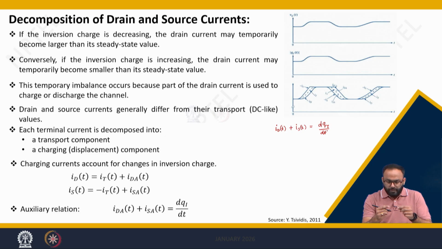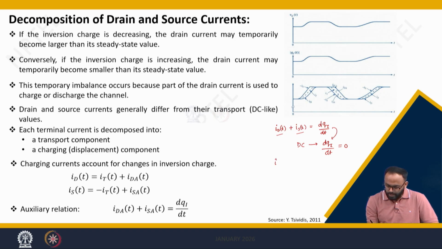Meaning, if you apply a gate voltage very slowly, the inversion charge changes slowly, right, and that in response gives you drain current and source current. Whereas, if you consider the DC condition, what will happen to this quantity? The rate of change of inversion charge per unit time we consider to be 0. We are not considering that inversion charges are changing with time. That is why we can simply write ID is equal to minus IS. This holds good under DC condition.